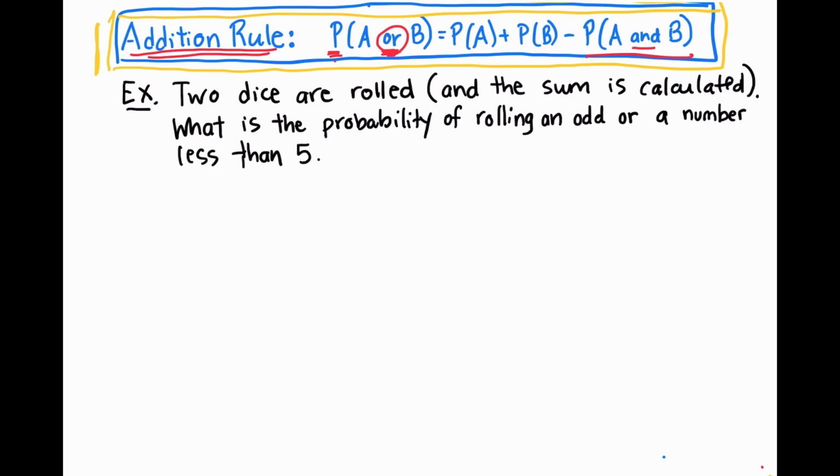And one way to think about the addition rule is to think about those Venn diagrams we used to make.